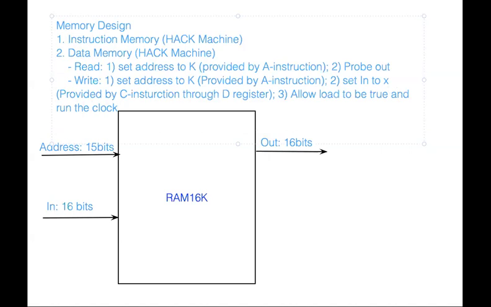You should let load be true, meaning you allow writing to the memory, and then you should run the clock so that it can store the data. So this is the hardware you will do, the memory design.